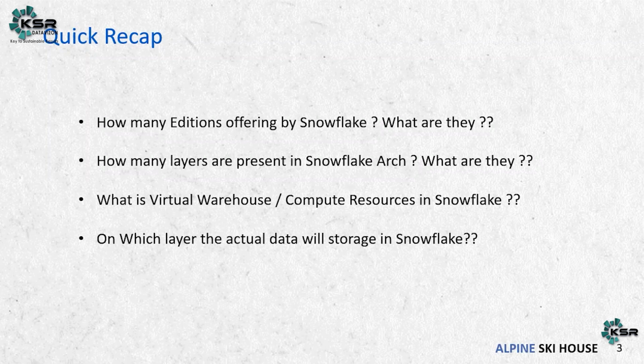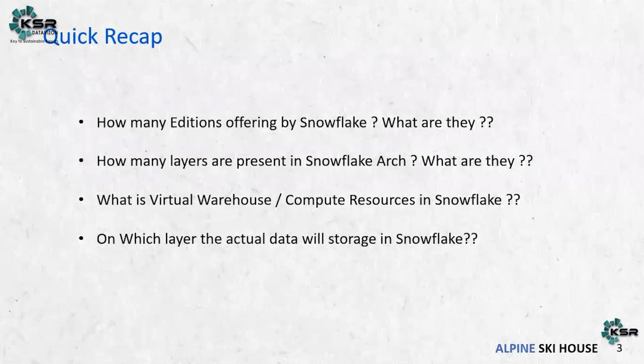Next are the warehouses, which help you process. Yesterday we discussed that if you click Chrome on your laptop, a processor runs in the backend and opens a Chrome prompt for you. That kind of processor in Snowflake is the compute resources or virtual warehouse.